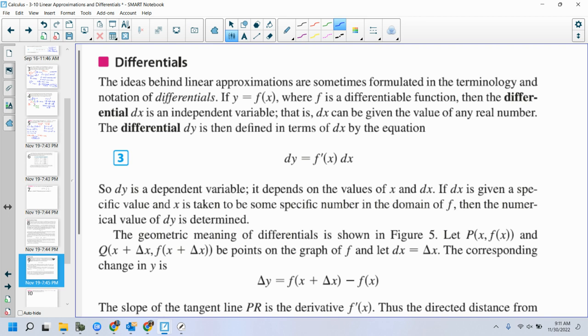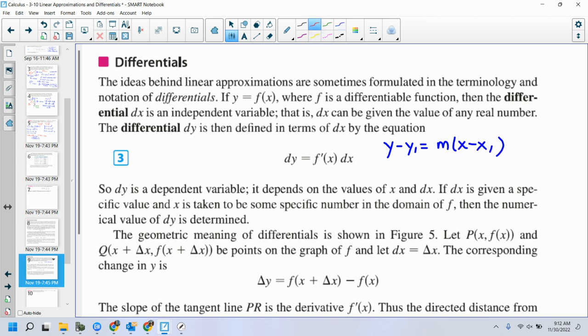If you really truly say that the differential on y is called dy, and the differential on x is called dx, then how can we say dy is equivalent to f prime of x dx? Well, think about point slope form. y minus y1 is equal to m times x minus x1.